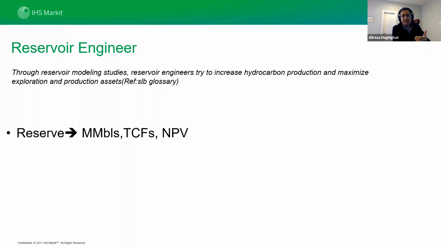And besides that, based on that recoverable hydrocarbon, how much money the company is going to gain. So we are dealing with some volumes of oil, gas, and the value of those volumes. So a reservoir engineer needs to determine the reserves. How many million barrels of oil a company owns, or how many TCF of gas a company has. And at the end, how much money they are going to make.